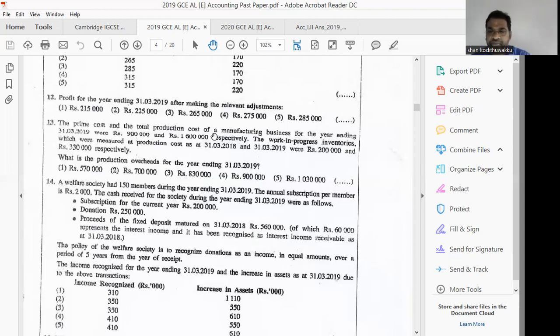Normally, overhead plus prime cost plus opening WIP 200,000 minus closing WIP 330,000 gives the cost of production. So 16 lakhs, that is 1.6 million, plus another 130, the difference between opening WIP and closing WIP. Then deduct prime cost, and you can easily reach the value of overhead cost or indirect cost.